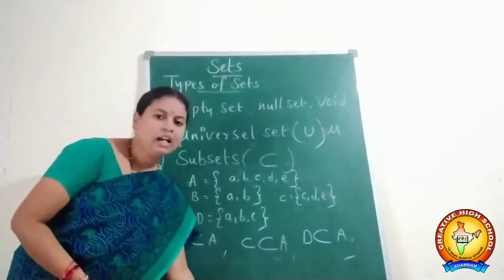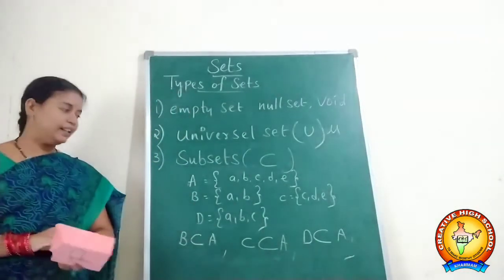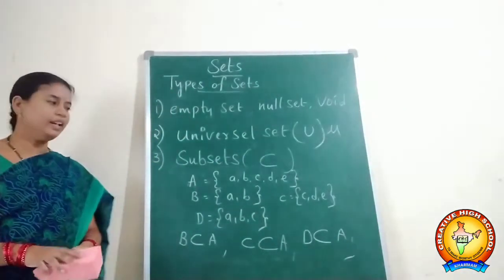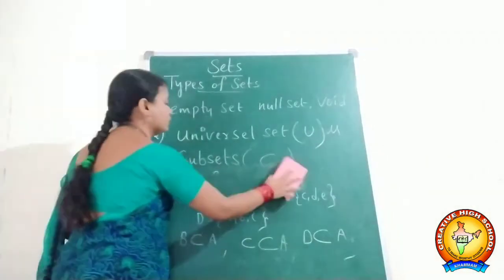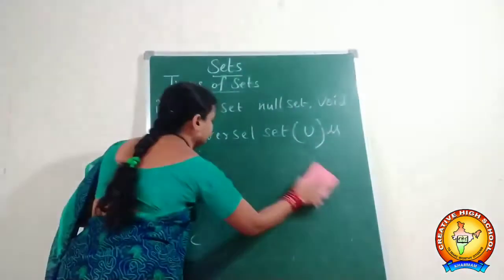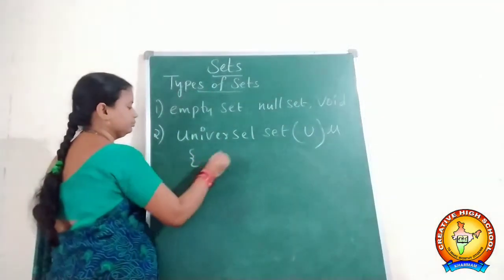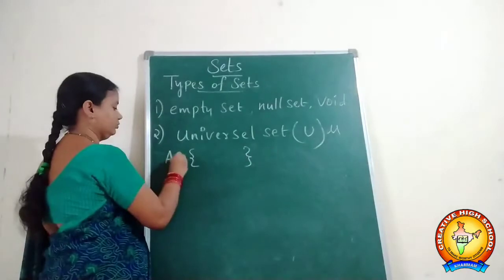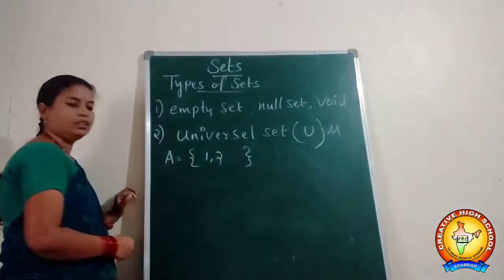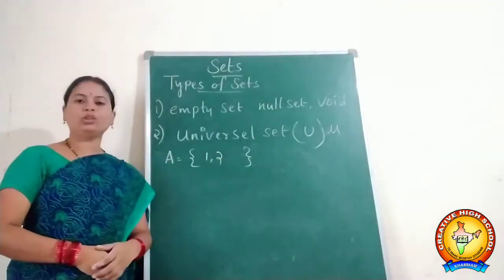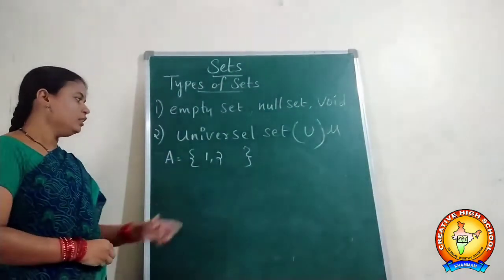Now we can see how many subsets we can write for the given set. This is a very important question. Listen carefully. See here, A is equal to 1, 2, only two elements are there.